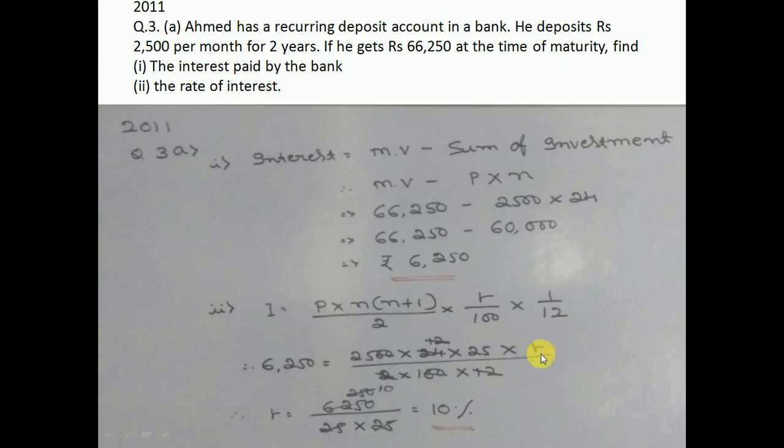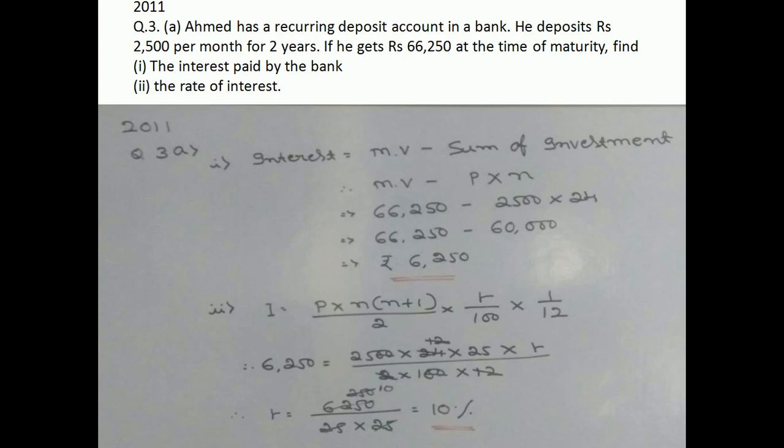R is not known to us. Other things, simplify before multiplying. Divide. 12 ones are 12, twos are, and cancel the zeros. You get 25 left here. 25 into R. Otherwise, R is equal to 6250 divided by these two 25s will come down. Cancel once again. 25 ones are 25, 250s are, 25 ones are 25, tens are. Rate is 10%.